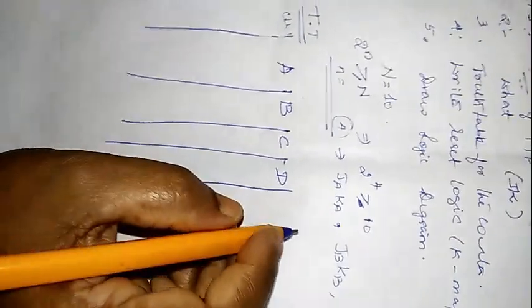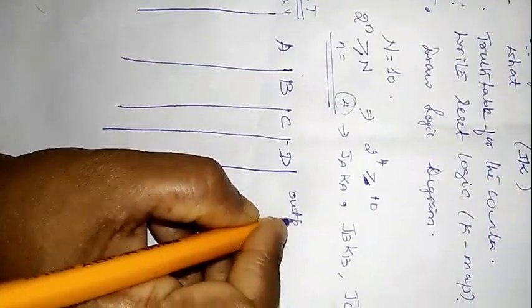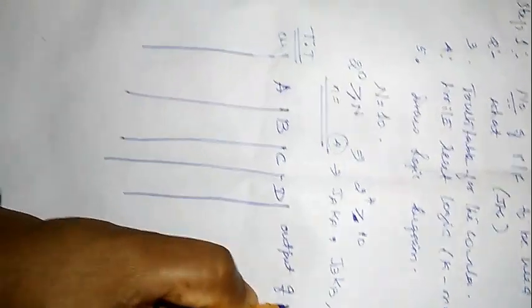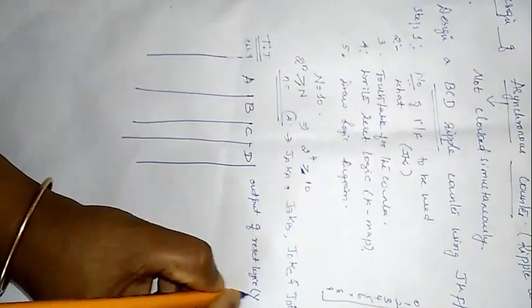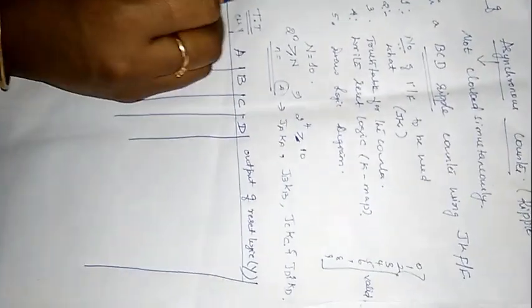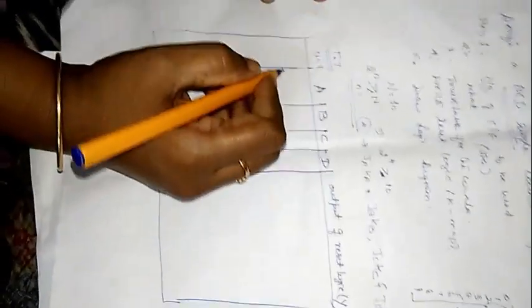And the last column will be the output of the reset logic. Let us say that output is Y. This is the outline of my asynchronous counter design.